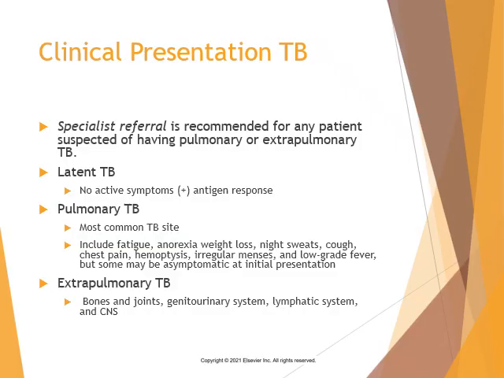They'll be tired with anorexia, weight loss, night sweats, cough, chest pain, may have blood in their sputum, irregular menstrual cycles, low-grade fever. You may have people that are asymptomatic with their initial presentation. Extrapulmonary TB, we see bone and joint involvement, genitourinary system, lymphatic system, and central nervous system.